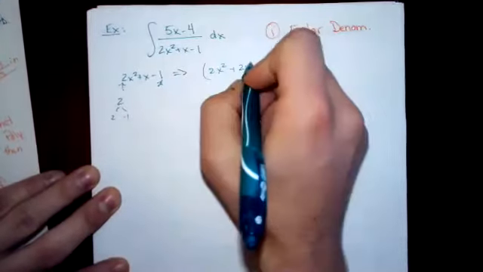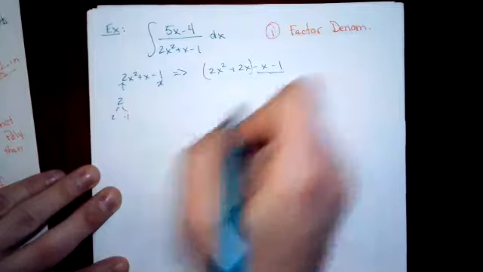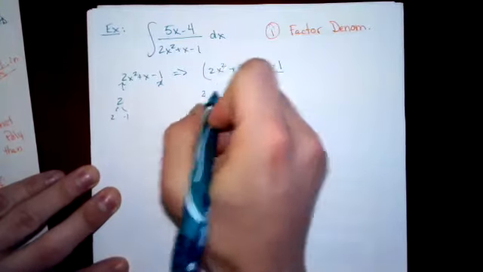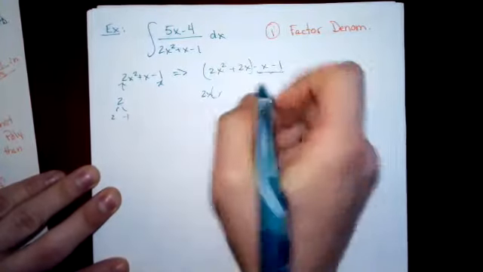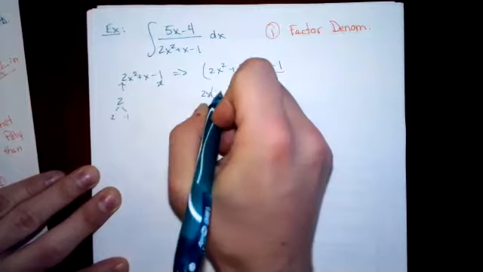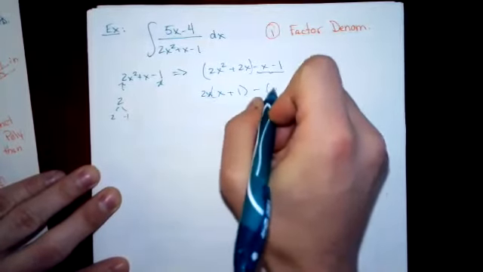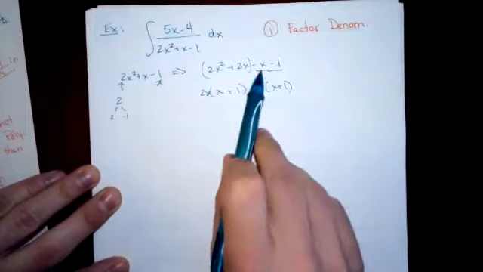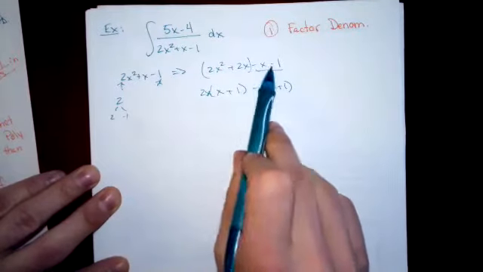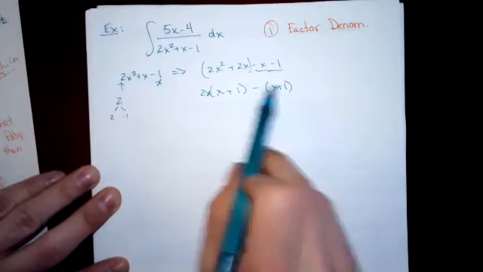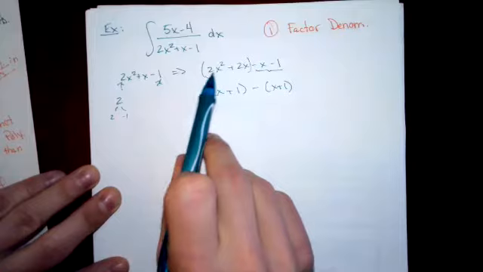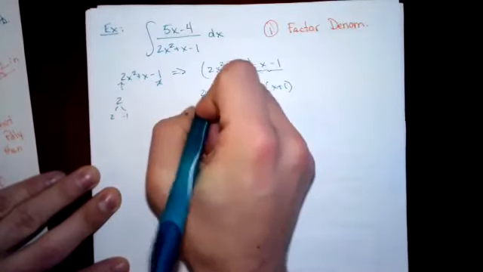And so we can group these 2 terms and then the last 2 terms, and we can factor this as 2x times x plus 1 minus x plus 1. So of course, for these 2 terms, all I did was factor out the negative 1 from both of them. For these 2, I factored out a 2x from each of those.